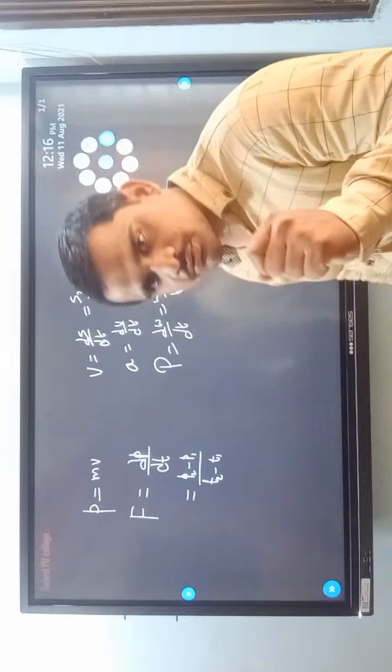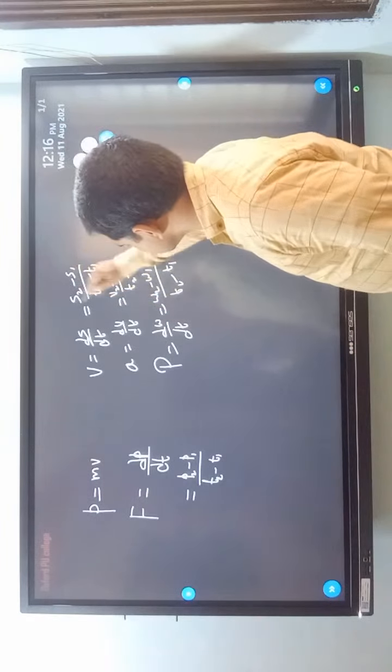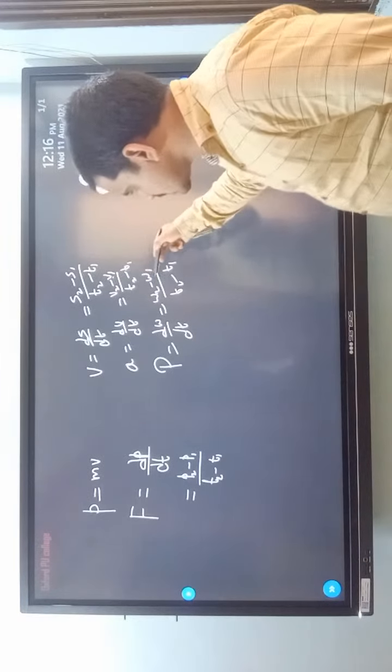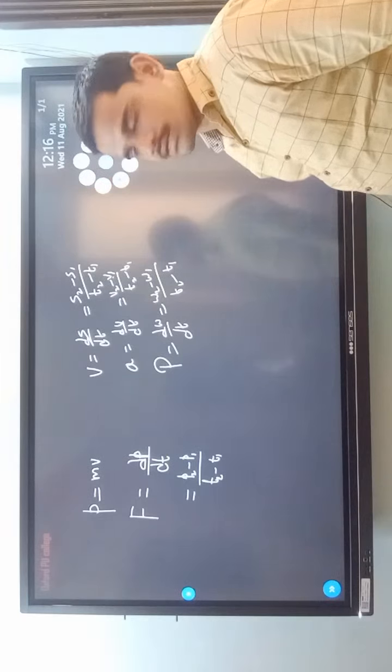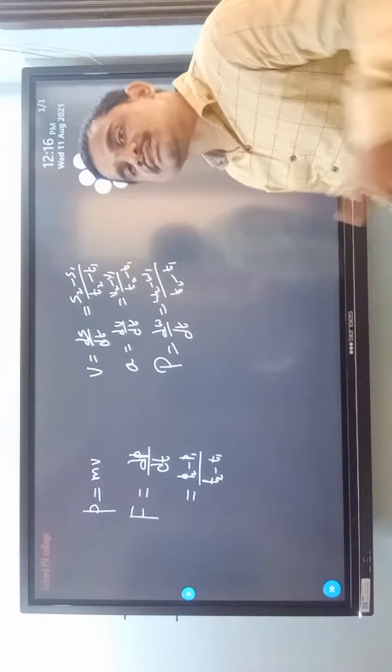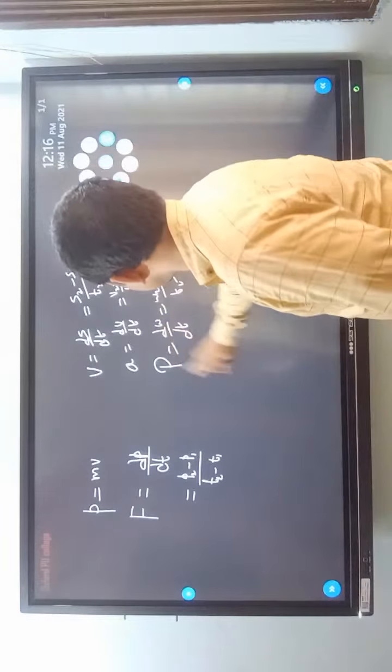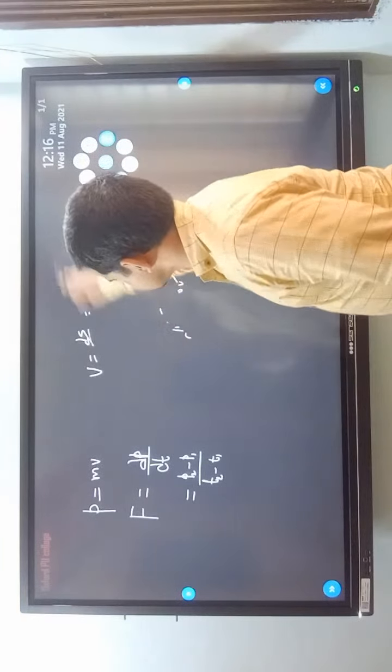So what I want to highlight here is change with respect to time: velocity change with respect to time, work done with respect to time. Rate means with respect to time.